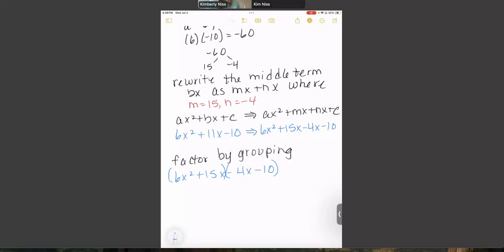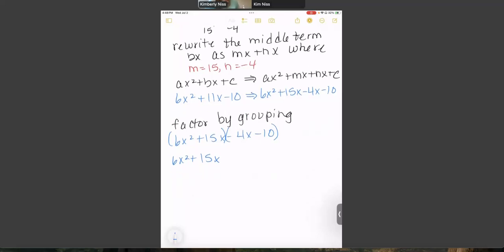So let's just start with this 6x squared plus 15x. Evaluating both of those, we can see that they both have an x in common. And let's see, we have a 6 and we have a 15. The factor that both of those share is 3. So we can factor out a 3 and an x out of that.